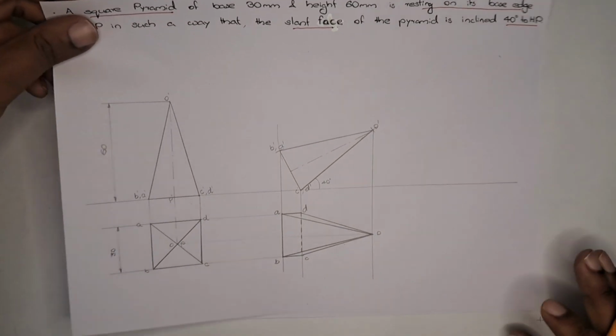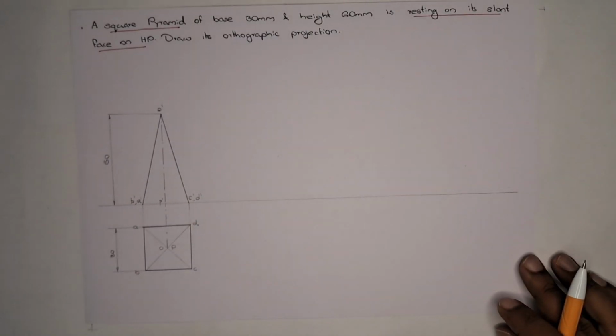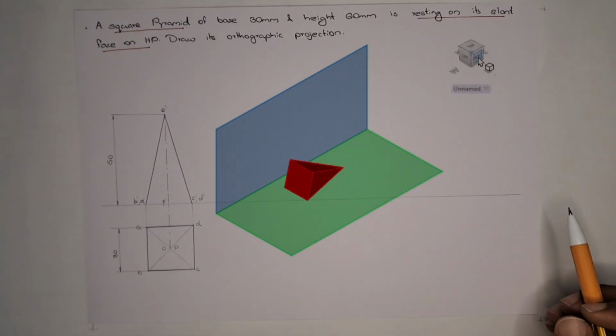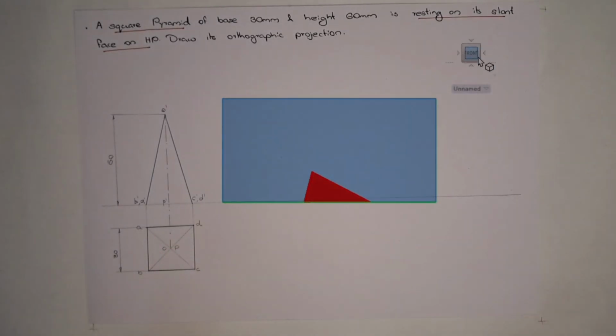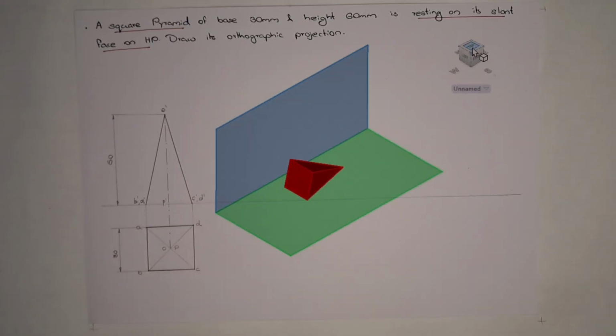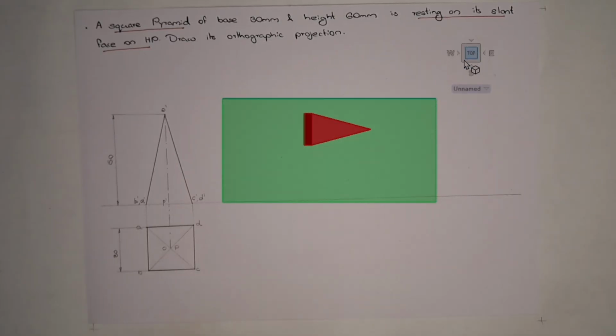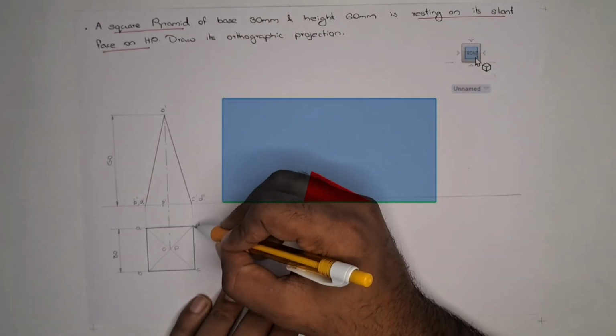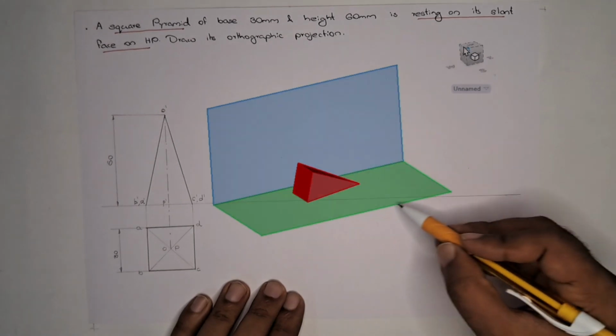Now we are going to discuss the same square pyramid of base 30 and height 60 resting on its slant face on HP. Here you can see there is no inclination given, but it is given that it is resting on its slant face. So we just need to draw this line. So this is the face and it's resting over here.